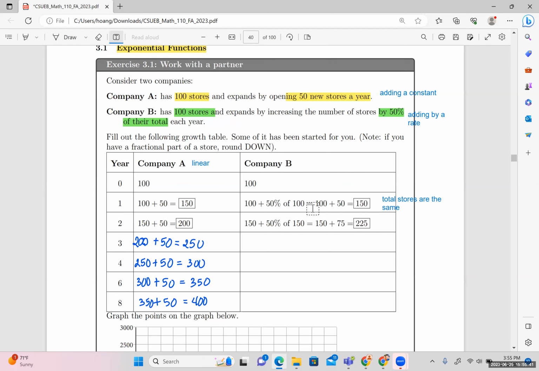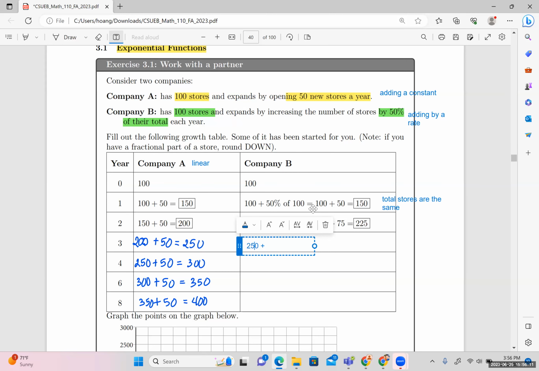This one is changing by a rate. So it's not constantly 50 stores, right? It just keeps adding 50% of the previous stores. So right now, the next one is 150, and then adding 50% of 150.